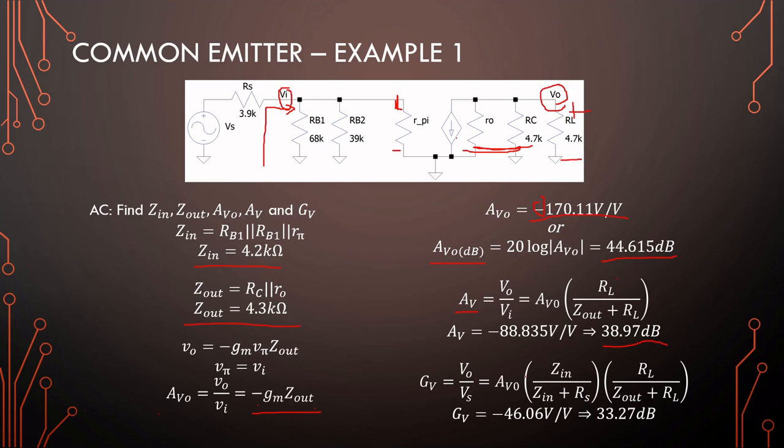Same with adding the source. We want to see how much goes into the amplifier. So it's a voltage divider going in. So it's Z in over Z in plus our source, so this resistor right here. And we can see that our gain almost halved, and that goes to 33.27 decibels.